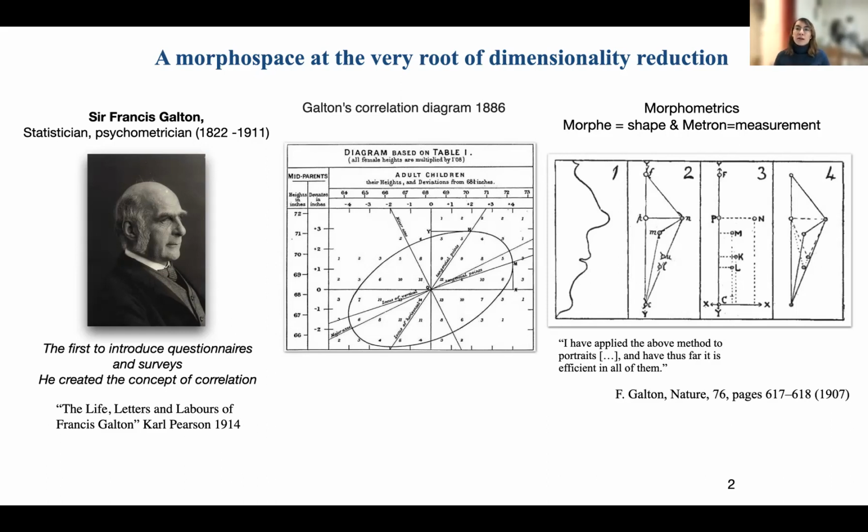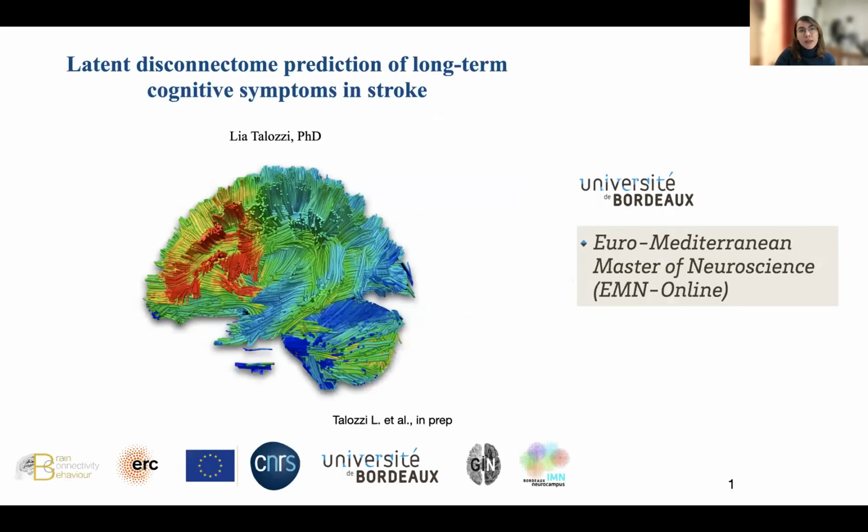So a model can be a generalization of data variability to describe, in this case, the shapes of the face. And so it's called morphospace. So you are projecting your data in a space, and in this way you are doing a dimensionality reduction, since you are using fewer features that can be modeled in, for example, a 2D space.